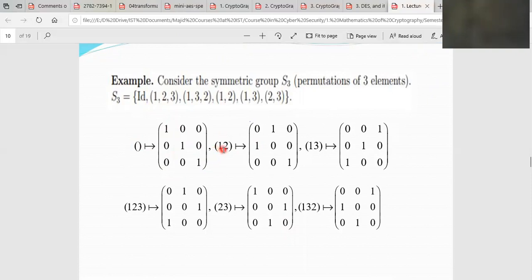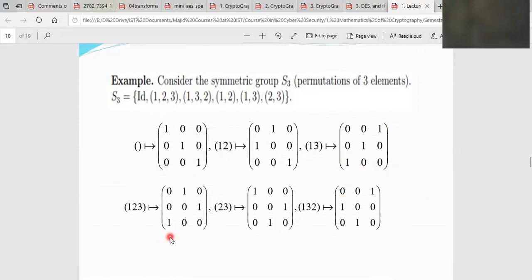So we place the one accordingly. Here 2 is mapped to 1. In another case, 3 is mapped to 1 and 1 is mapped to 3. So here, in the identity matrix, 1 is mapped to 3 and 3 is mapped to 1.